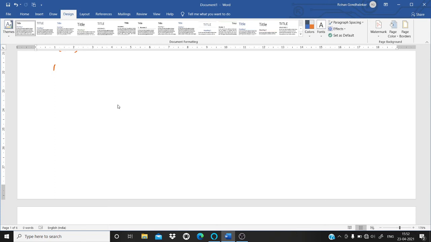So the first one, which I want to prove, is u plus v is equal to v plus u. See, I'm taking the vector u1, u2, u3. That is my u vector. Another vector v I'm taking as v1, v2, v3. Let's take u plus v.